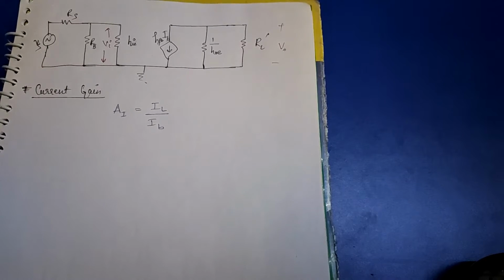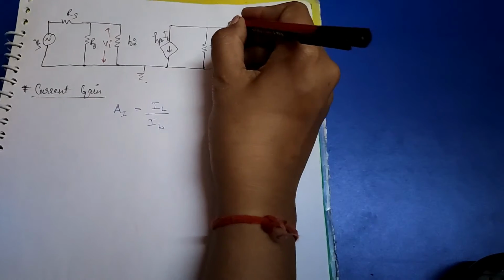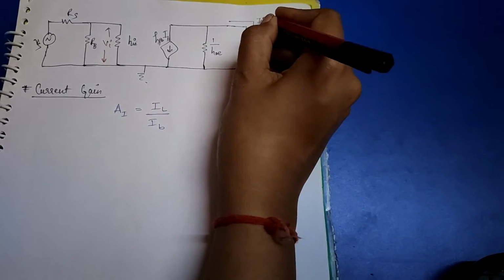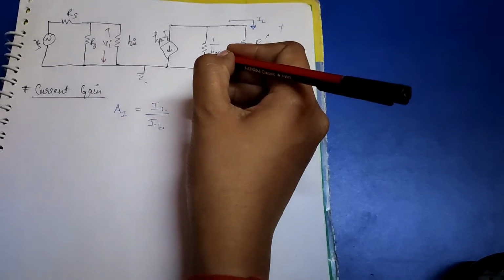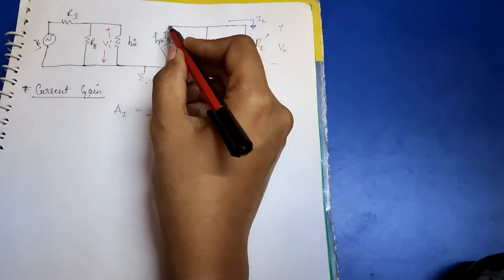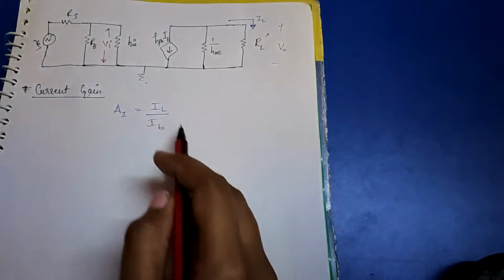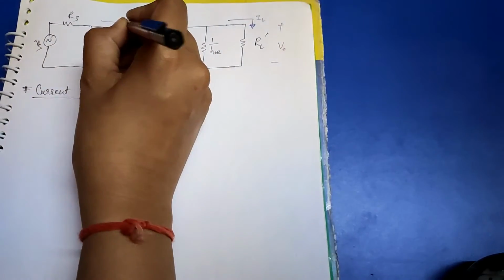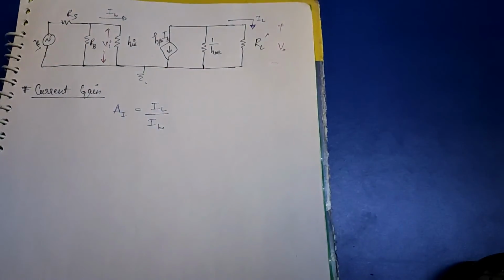So let me mark these current values first. The load current is flowing in this direction, okay? Yeah, and base current is flowing in this direction and also here, right?